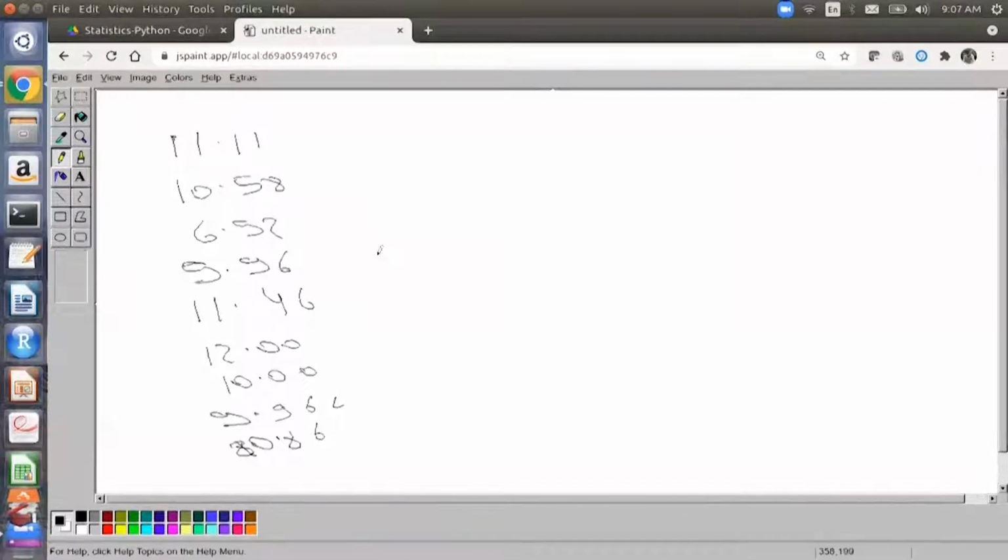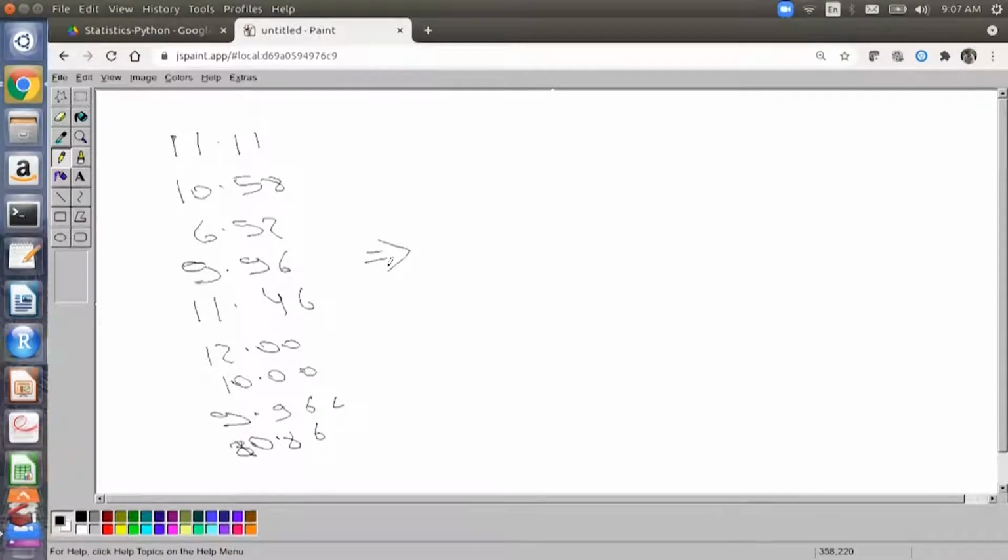Now I want to find out the average salary of my class. What should I do? You can find the mean. Okay, mean or median, which one should I find? The outlier is there, but it is not very far from the average value.